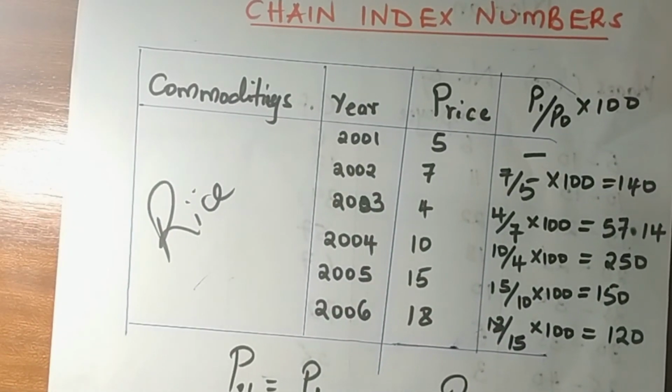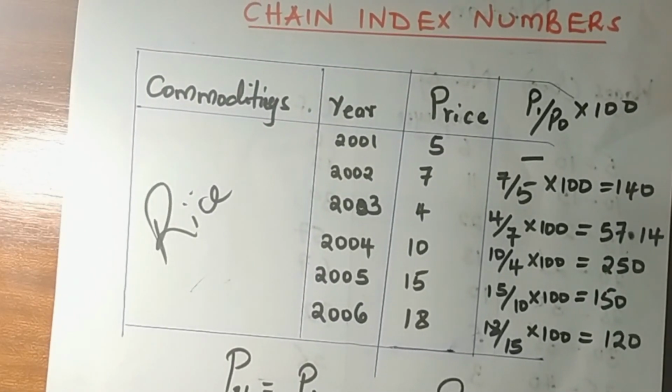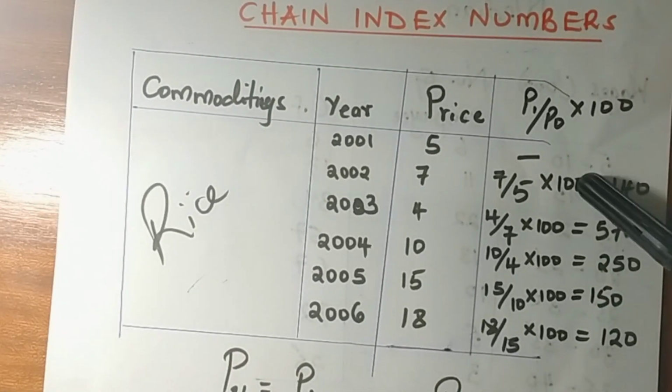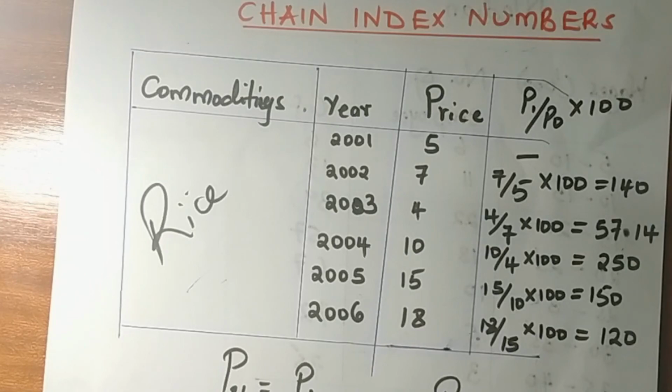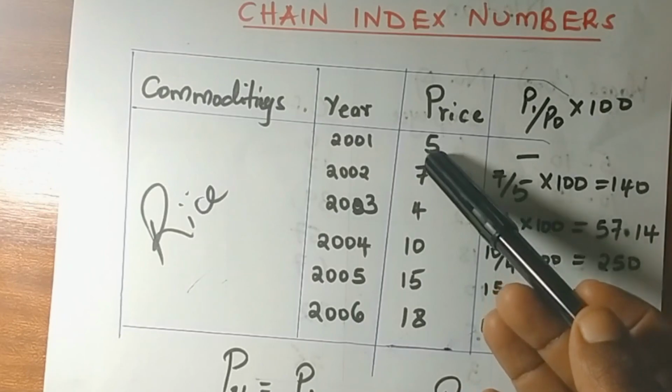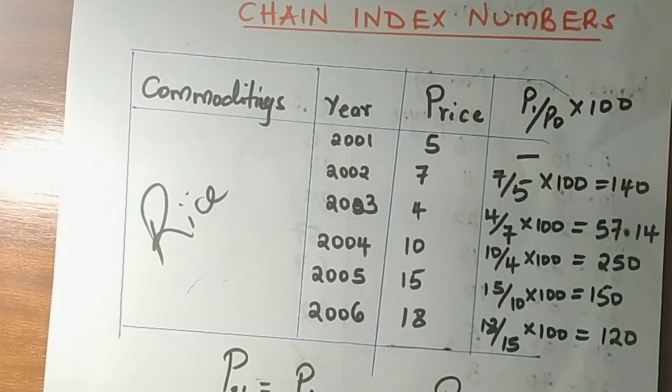Beyond that, the index number is not useful. Another limitation is that in the calculation of the index by this method, the effect of an error is replicated in the others. The last limitation is that if there is missing information in one of the years, then this method may not be suitable.